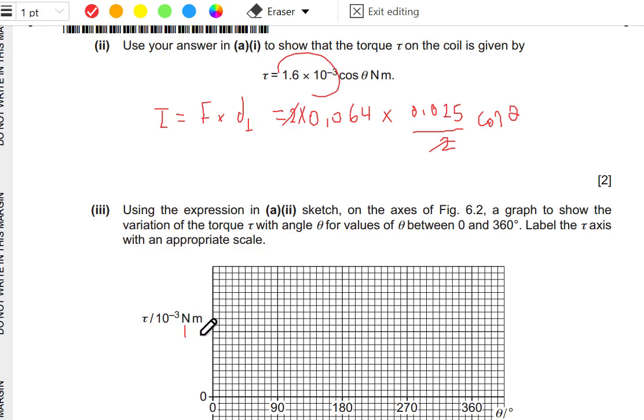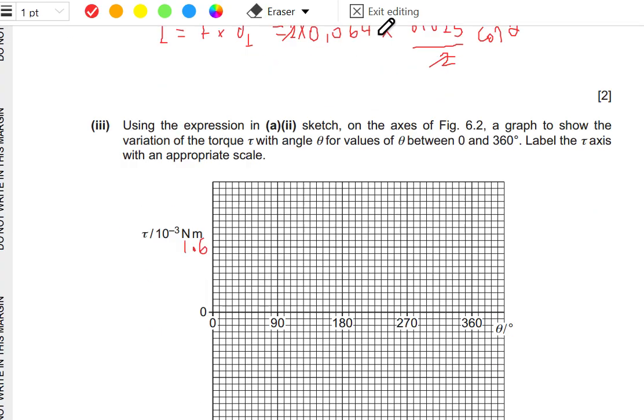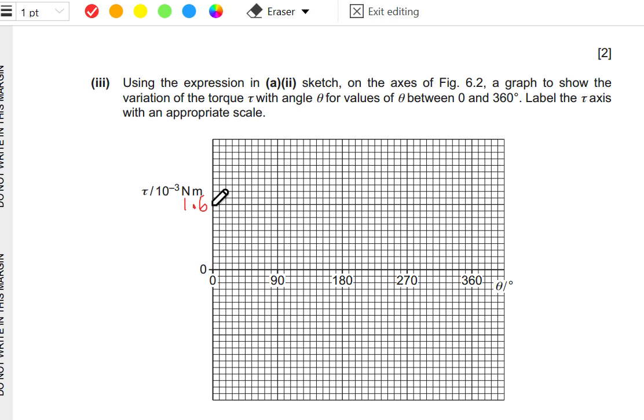We can make it here, and we have the times 10 to minus 3 on the axis, and it will be a cosine function that is maximum at 0 and 0 at 90.